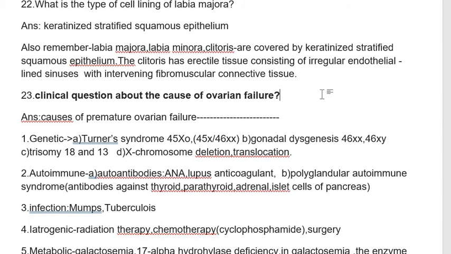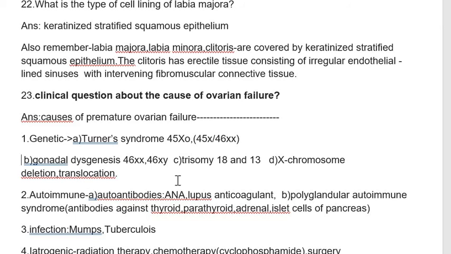Then it can occur in association with genetic disorders like Turner syndrome 45X0, and it can occur in cases of Turner mosaic like 45X, 46XX. It can also occur in gonadal dysgenesis, and you should remember that gonadal dysgenesis is the most common genetic abnormality that anyone can inherit. That is the point.